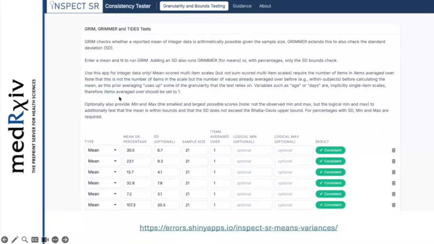So you are basically checking whether the roundings are plausible given the number of subjects observed and given that you have a variable that is an integer.